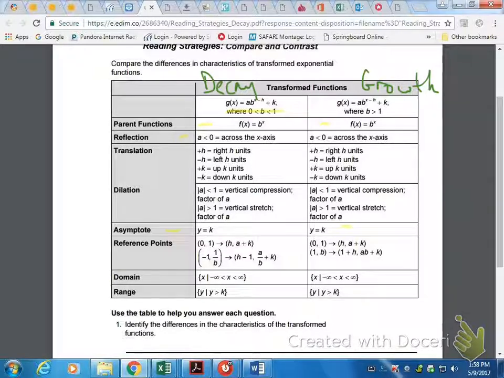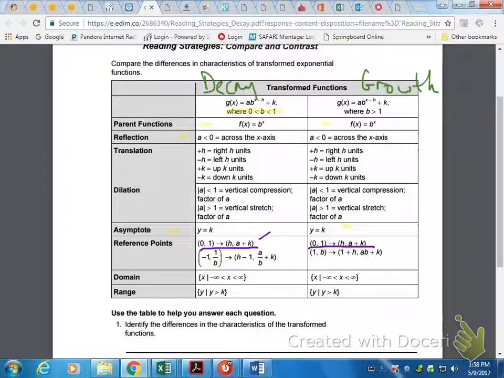Now we're going to look at the reference points. Over here, my 0, 1 went to an H, A plus K for decay. Was that the same thing with growth? Yes. So that is unchanged.